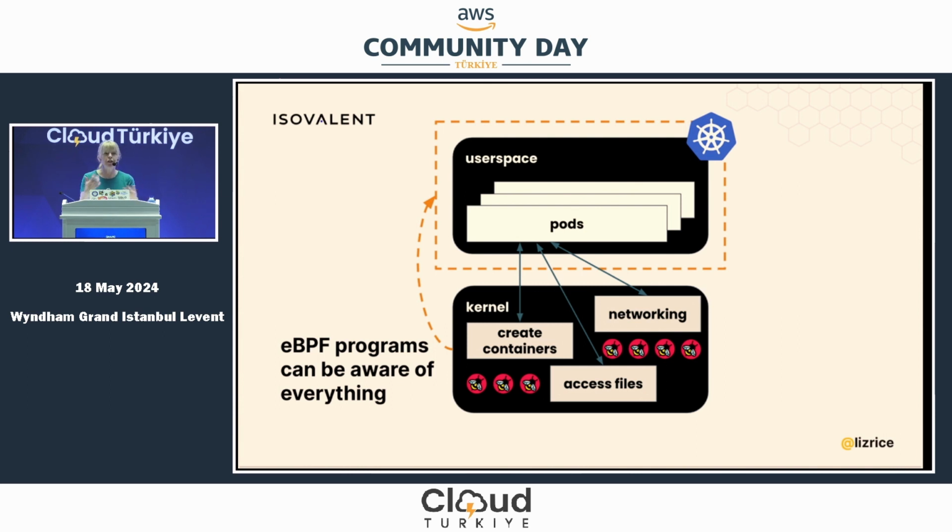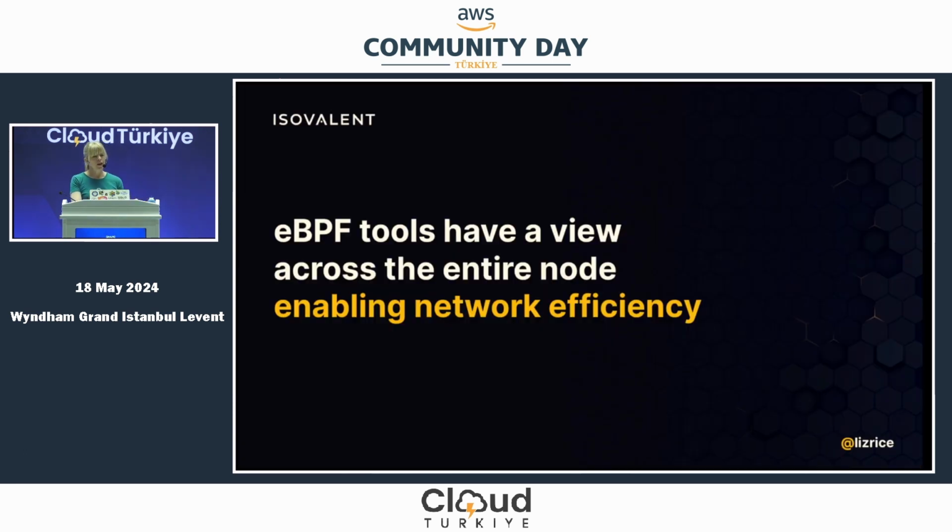And we don't have to restart the pods. The life cycle of our eBPF programs is entirely separate from the life cycle of our applications running in pods. So we can use this for a whole generation of new and powerful infrastructure tools. For example, to create really efficient networking capabilities.